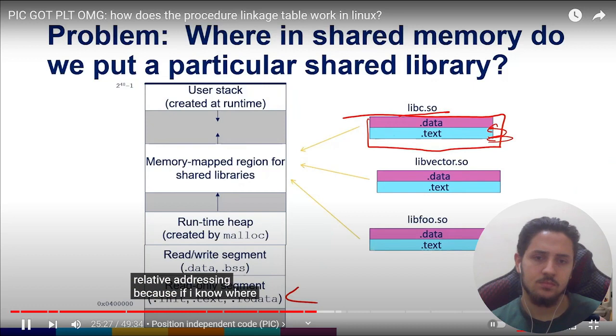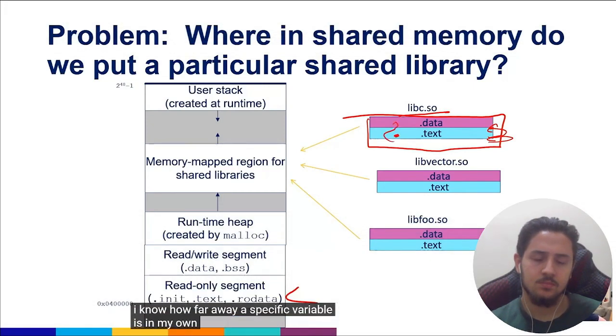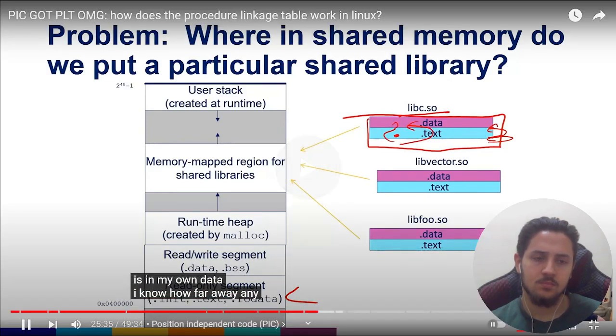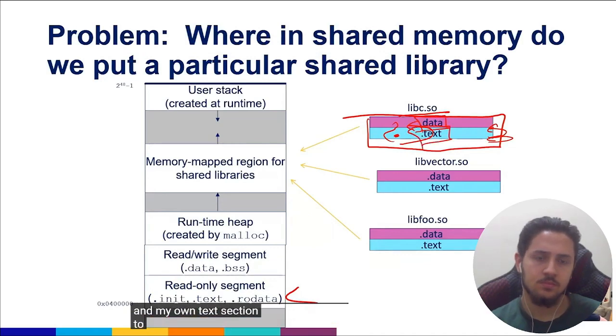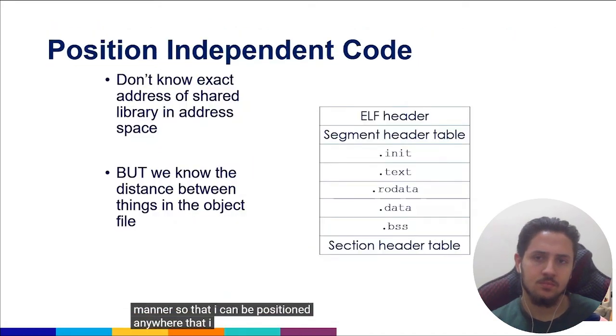Because if I know where I am in the text, I know how far away a specific variable is in my own data. I'm going to use my own data section and my own text section to talk about things in this relative manner so that I can be positioned anywhere that I want within the memory layout of that running program. So if we know all these distances between things, we can always use PC relative addressing.